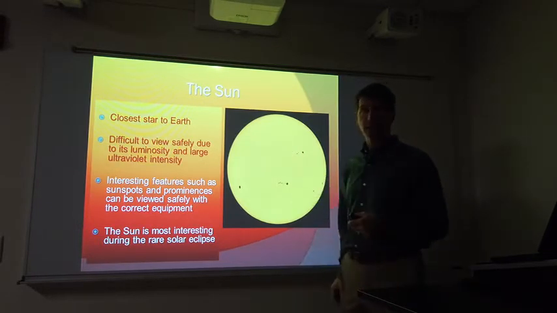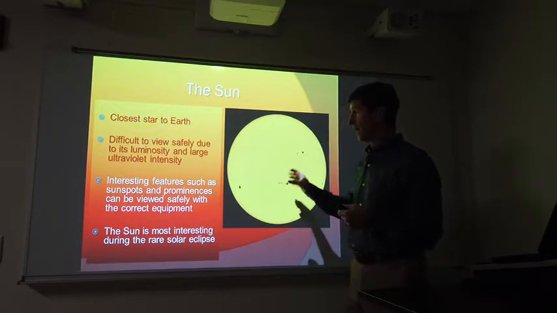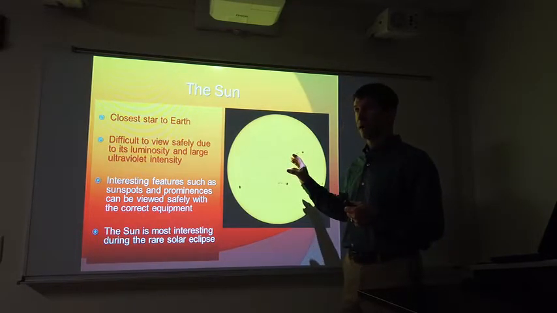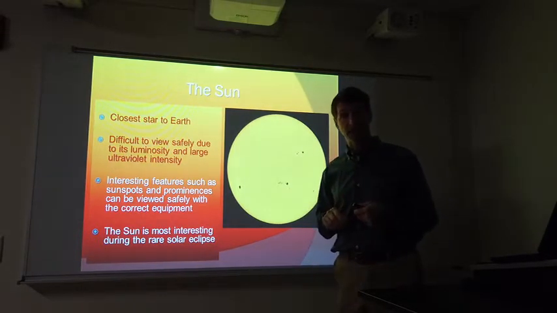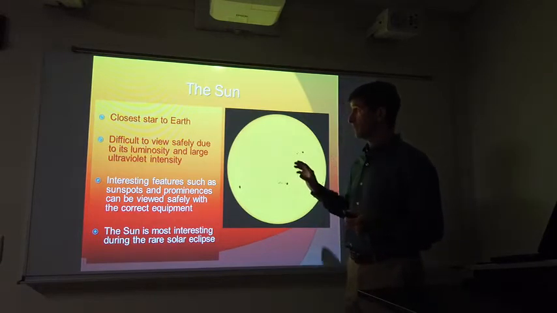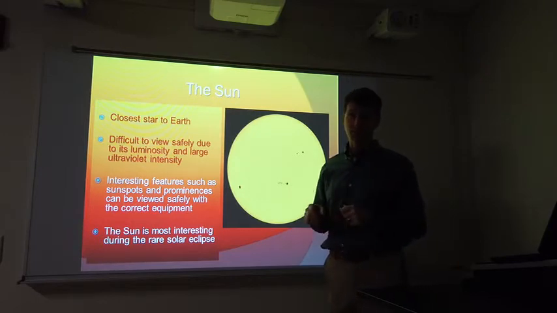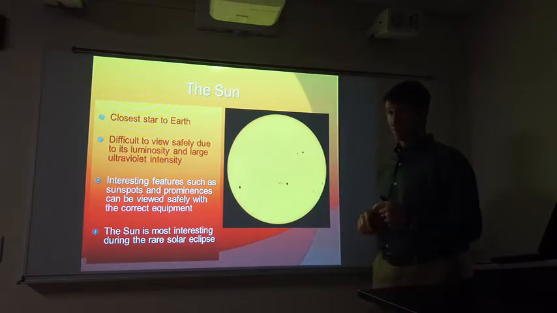So in terms of looking at the sun, you should only look at the sun if you have equipment that is specifically designed to protect the eyes. Okay? Unless you know what you're doing, never look at the sun, and certainly never look at the sun with binoculars or a telescope.